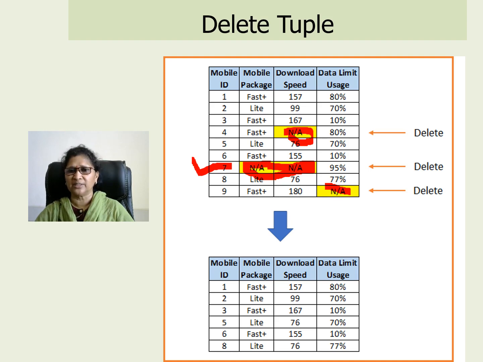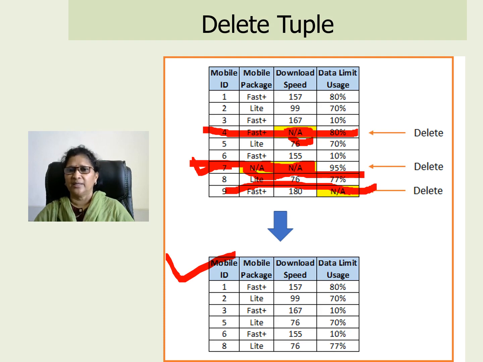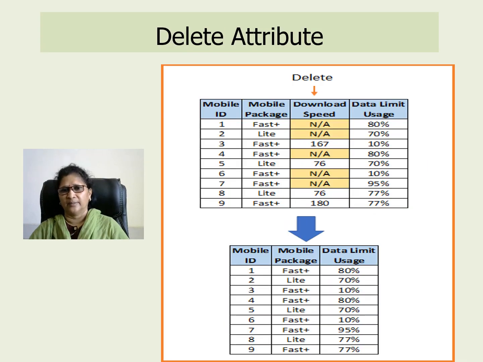So when we simply delete these records, we are going to delete this one, then two, and the last one, and the resultant table will be like this, where the tuples which had missing attribute values are simply omitted. This is where the maximum attribute values are missing. So what we can do is delete this whole attribute, and the resultant data will be as this.